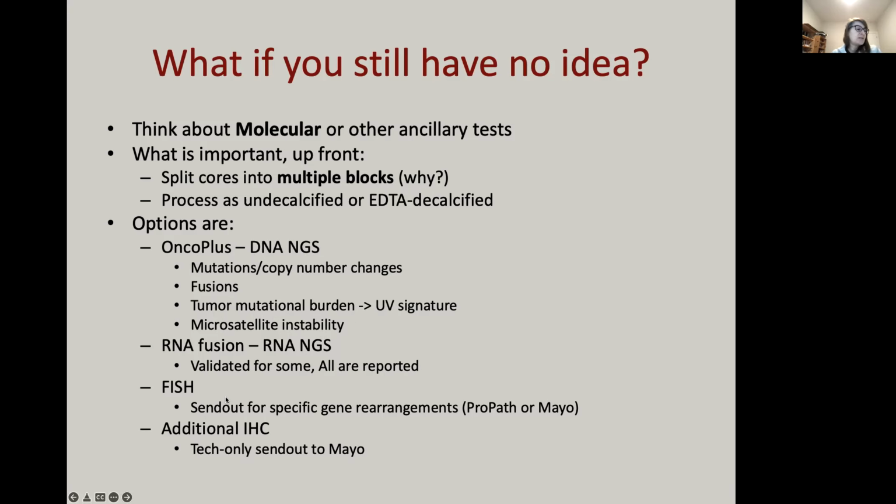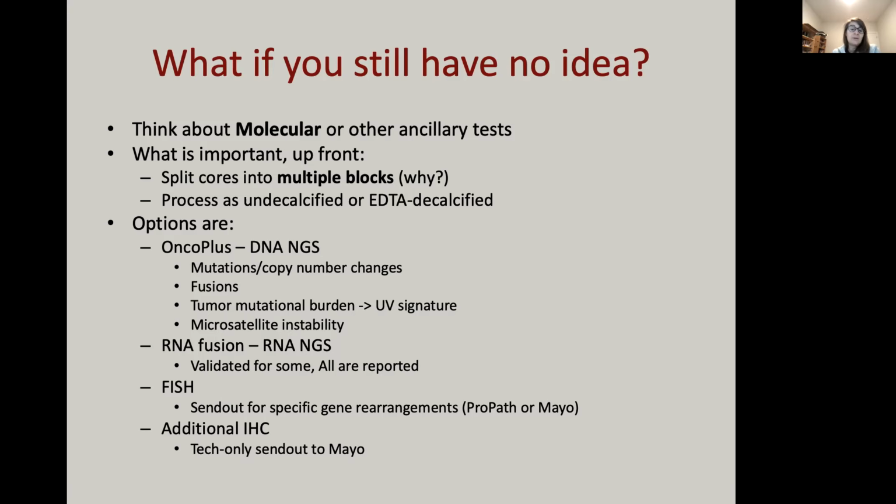If it's a very specific thing that we want to know, that we want resulted quicker, we'll often do FISH, right? This is a faster answer. If we have a very specific gene or a couple of genes that we're looking for, we can ask for break apart of EWSR1, or dual fusion for EWSR1, FLI1, things like that, depending on the clinical circumstances.